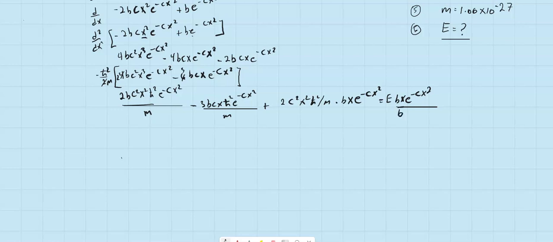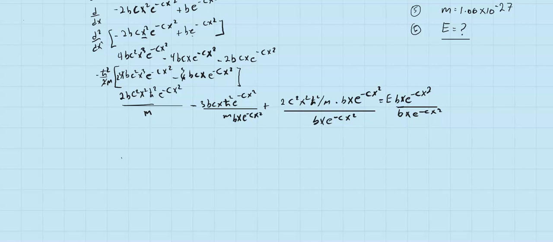Right, b x e to the -c x squared. I'm going to divide all of this right here over b times x times e to the -c x squared.